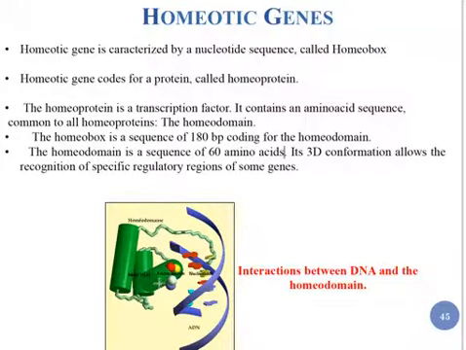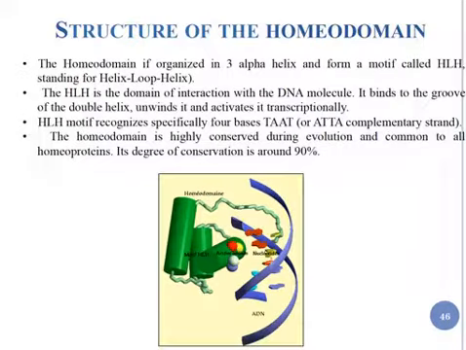So this is the three-dimensional organization of the homeodomain of these homeoproteins, and this homeodomain will interact with the DNA specifically at the level of the grooves. You know that the DNA is a double-stranded molecule.